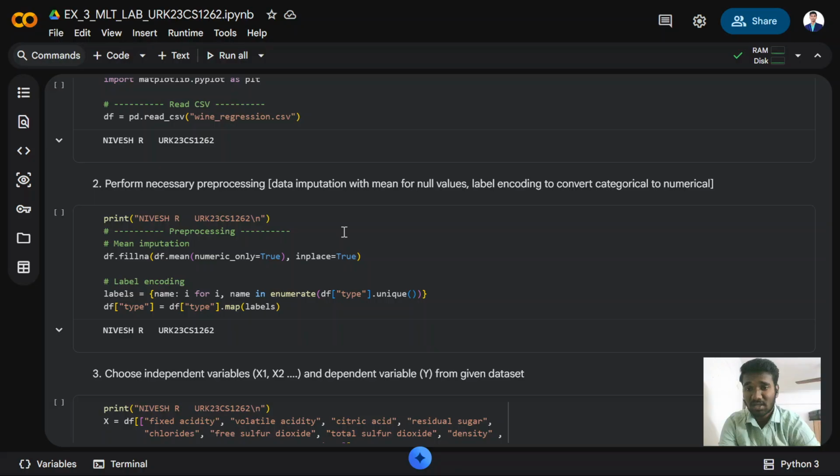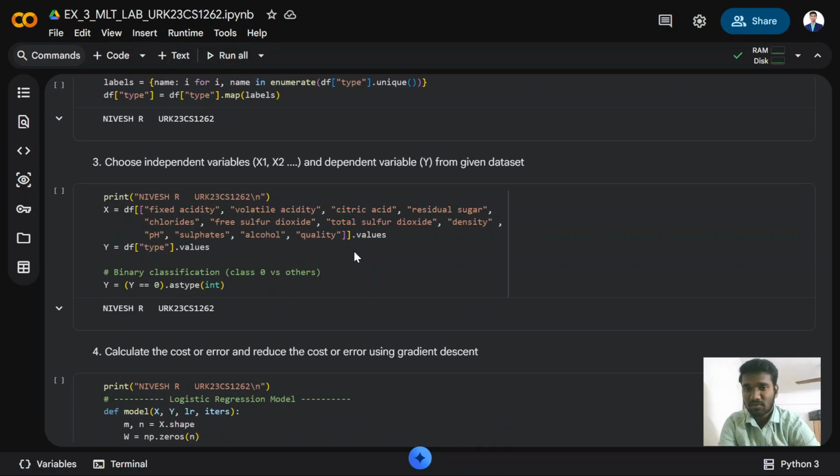Then third question, selecting the feature and target values. X is the feature. It contains acidity, sugar, sulfates, alcohol, and density. Dependent value is type in wine category.